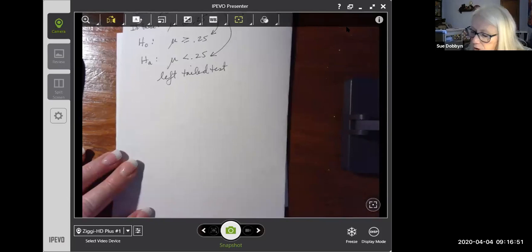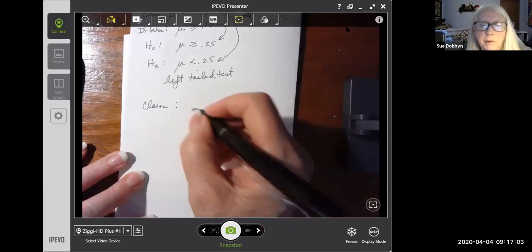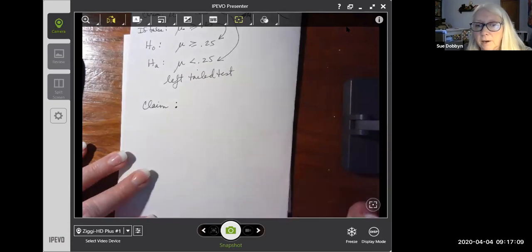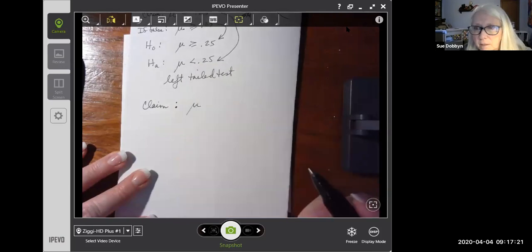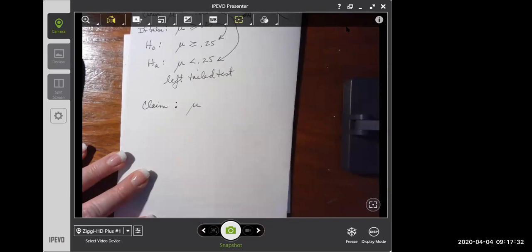Okay, so what if the claim said that you wanted to determine whether the claim is that the mean, let's say we were talking about tires, that the mean number of miles that these tires that this person is trying to sell will be good is at least 50,000 miles. Okay, what does at least mean? Greater than or equal to? Right.